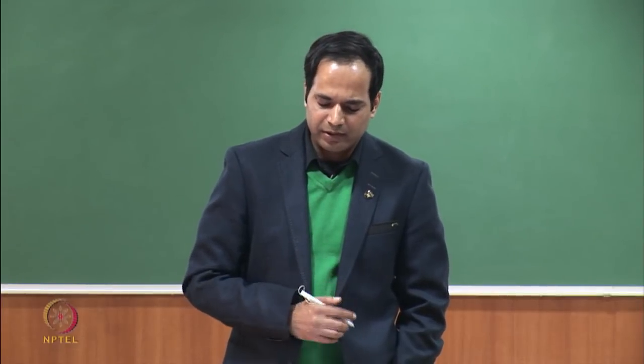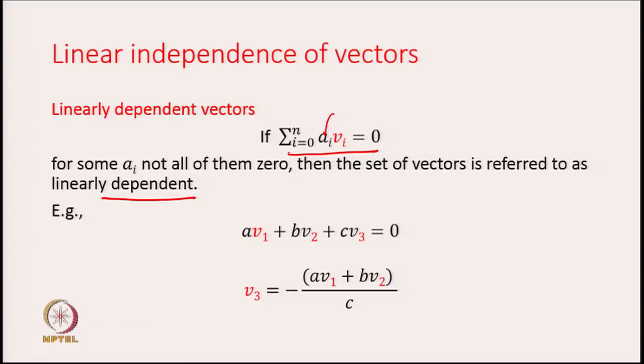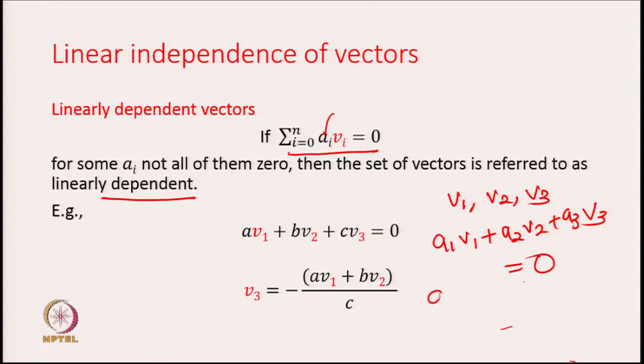Let us see why this is, and for simplicity let us just talk about the situation when we have three vectors v1, v2 and v3, and I am interested in this linear combination, and let us assume that this becomes 0 when the value of a1 is a, a2 is b and a3 is c.